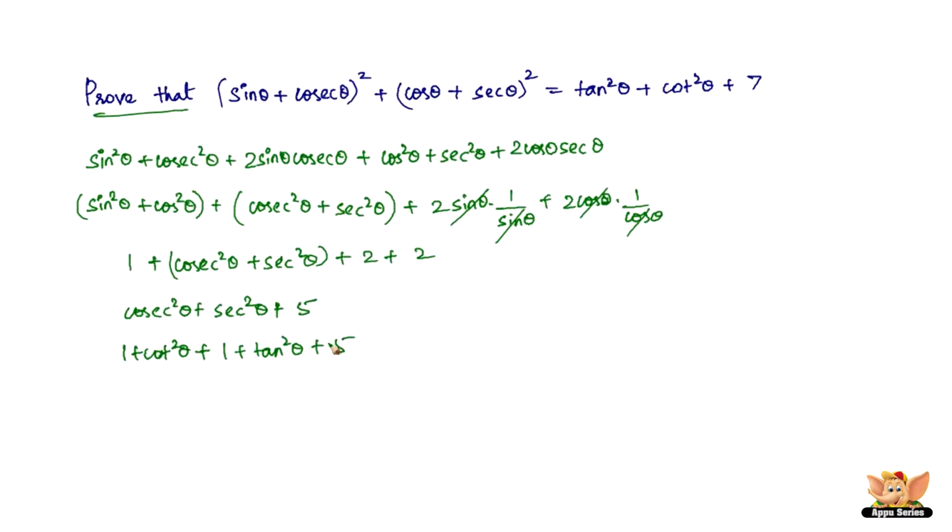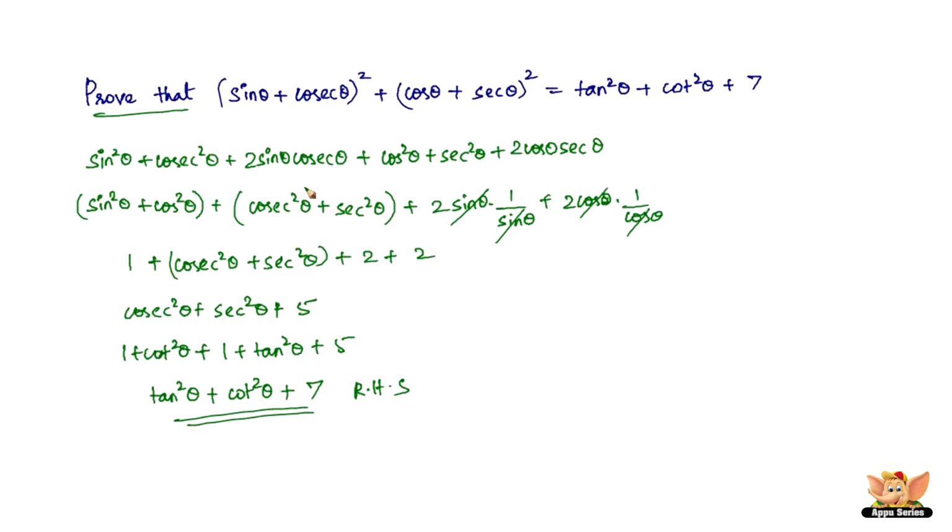So 1 plus 1 plus 5 becomes 7, and we have tan square theta plus cot square theta plus 7, which is nothing but the RHS. So we proved that sine theta plus cosecant theta the whole square plus cos theta plus secant theta the whole square equals tan square theta plus cot square theta plus 7.